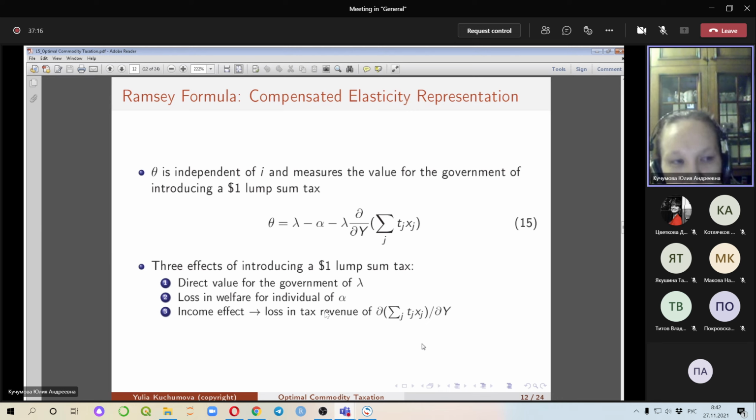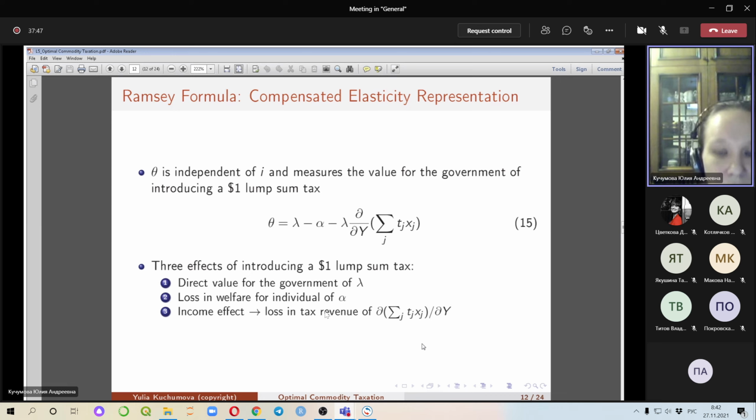So alpha is the marginal value of $1 to the government. Then there is a second effect, a loss in welfare to the individual of a magnitude alpha. So it's the second term, minus alpha.